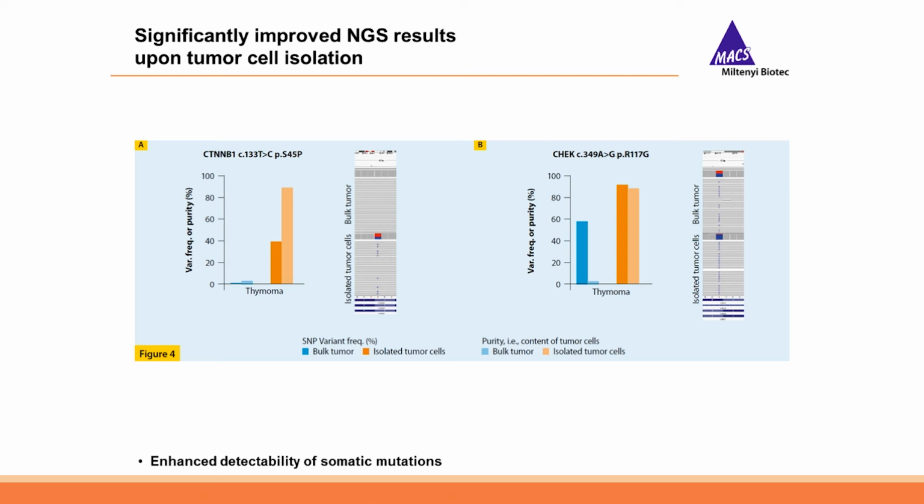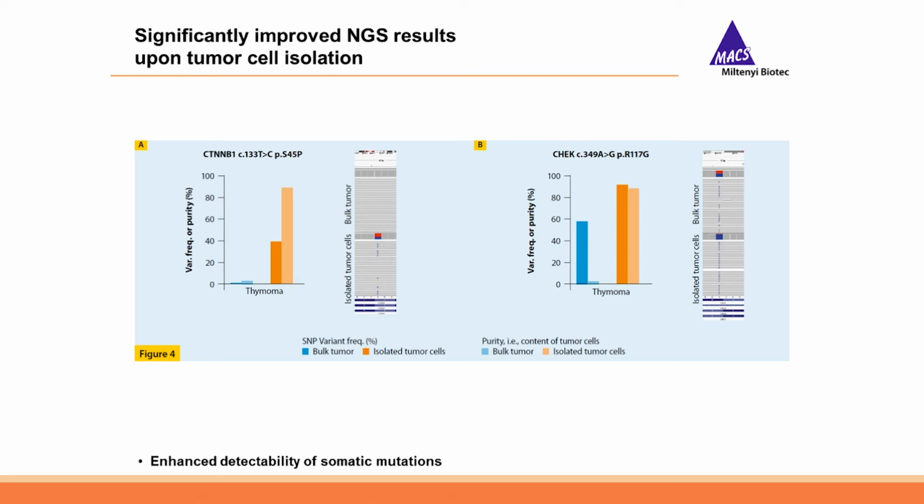And even more prominent, I think, is the example here in B, where by sequencing the bulk tumor, we saw, okay, there's a heterozygous loss of function in this tumor suppressor, the check gene, but we knew that there was only less than 2% of tumor cells in the initial fraction.